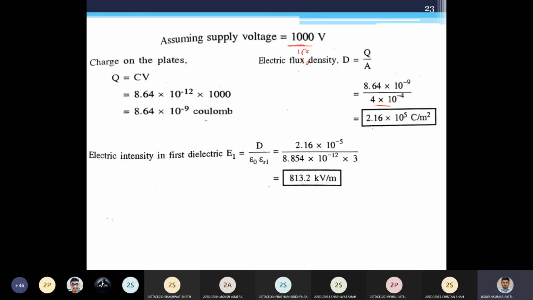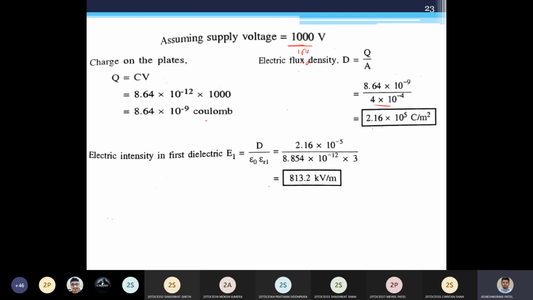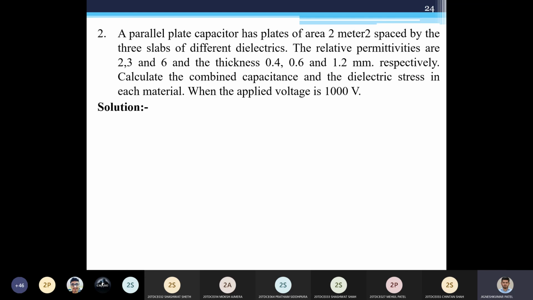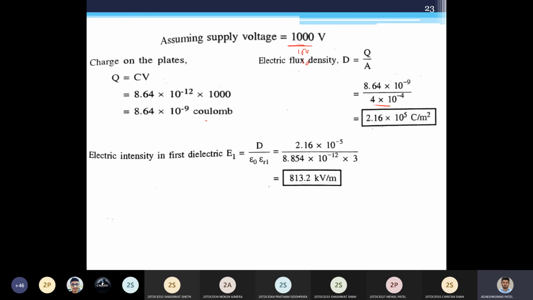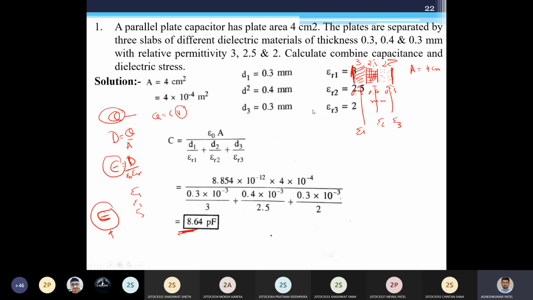This is my flux density, and using the relation between electrical field strength and flux density, I can get the value of dielectric stress, or I can say field strength. The field strength for each material would be different. There would be three different field stresses operating over these three materials. For air the electrical field stress would be different, for the mica it would be different, and for the third material it would be different.